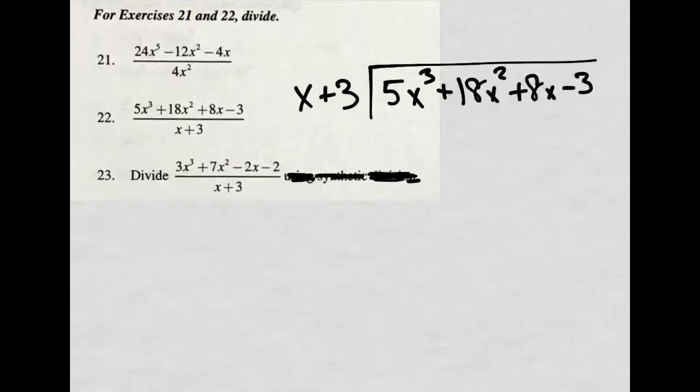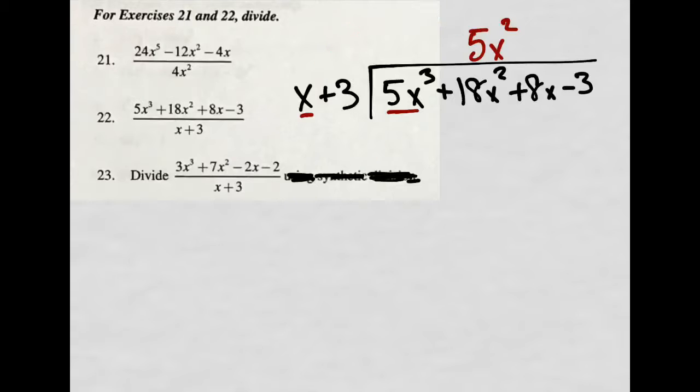Okay, so here's the question. X times what gives me 5x cubed? 5x squared. Now all of this gets multiplied right here, and then it goes under here, and that's when we do our subtraction.